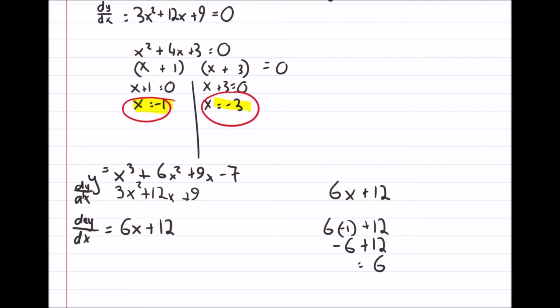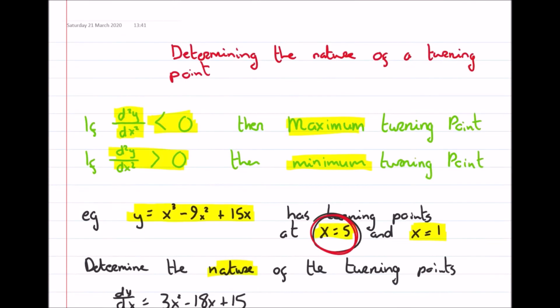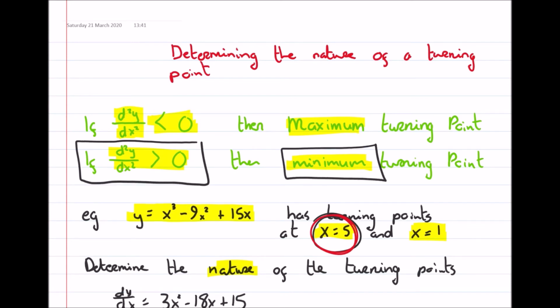So 6 is greater than 0. If we go on to this next page, when it's greater than 0, it's the minimum point. We don't want that, we wanted the maximum point.